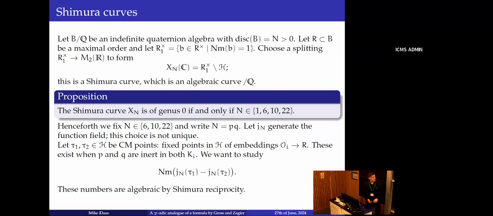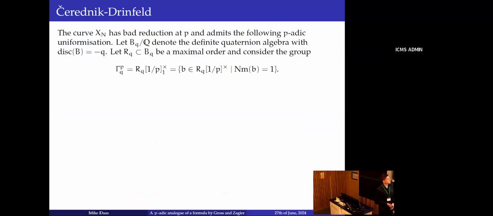And the way we do that is we observe that this curve Xn actually has bad reduction at p. And it allows a very beautiful p-adic uniformization, in which we take a different quaternion algebra, it sort of neighbors the one we started with. This one is only ramified at one of the two primes dividing n, let's say q.